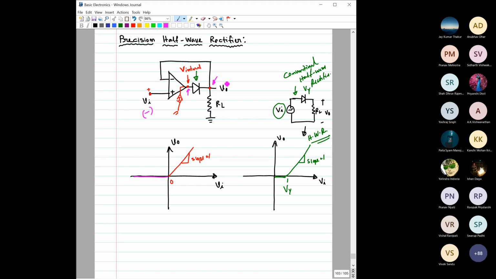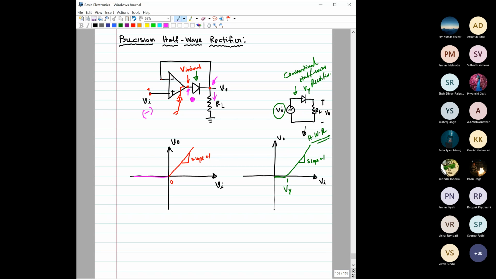Now current has to flow downward if Vi is positive, right? Now if we apply KCL, then we will observe that the current has to flow through the left branch. There will be no current in the top branch. This branch? Yes, this branch.